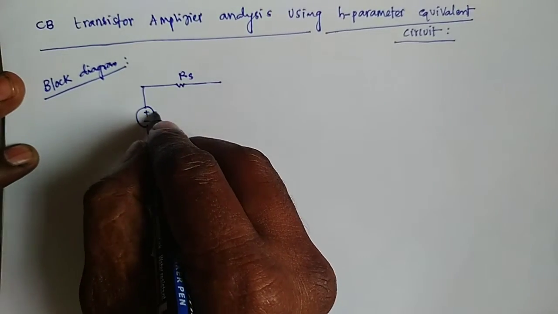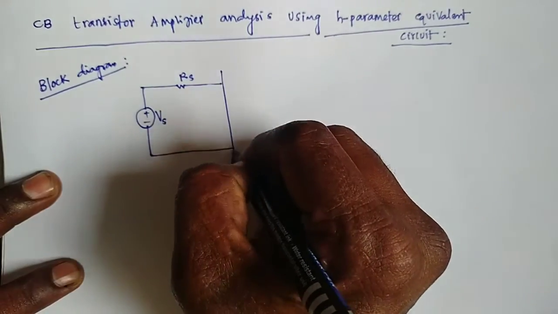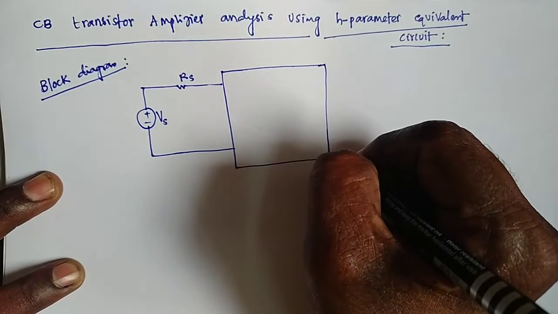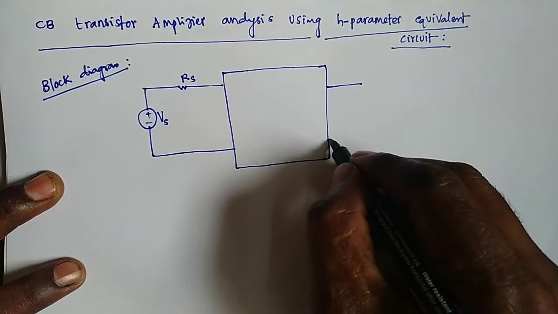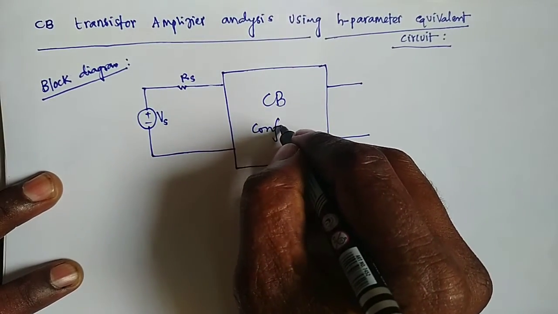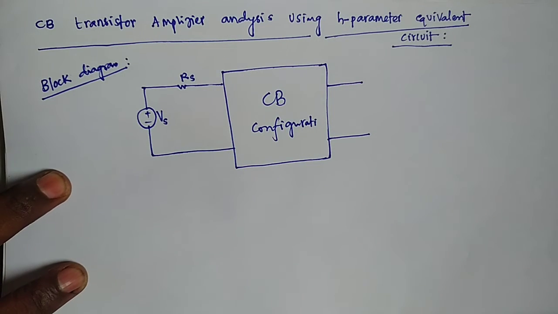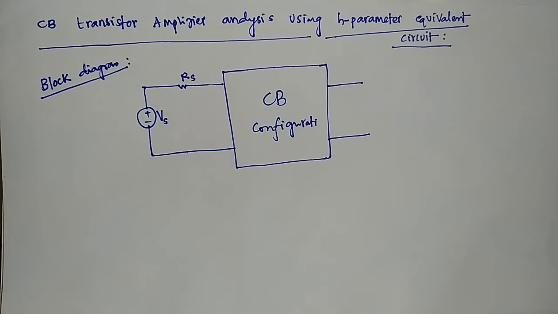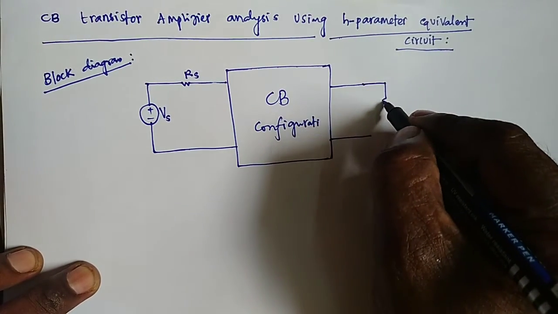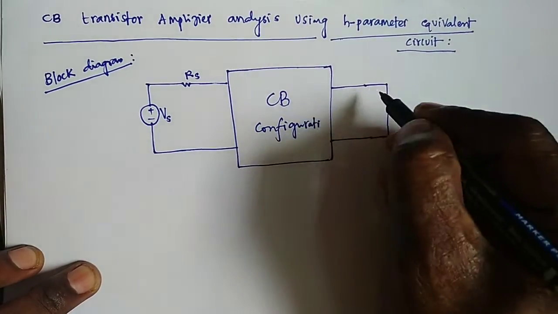RS and VS are the source resistance and source voltage, then that is the CB configuration. At the end of the block diagram we are using load resistor RL.